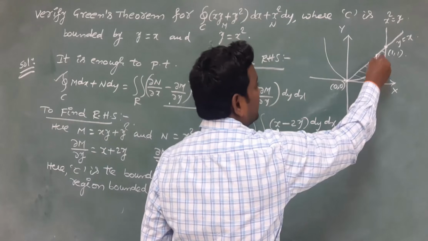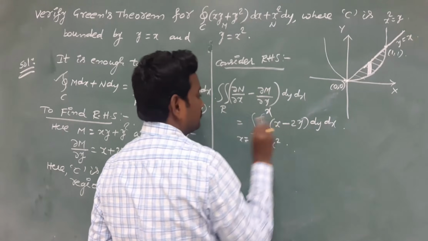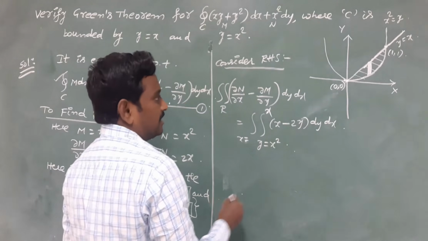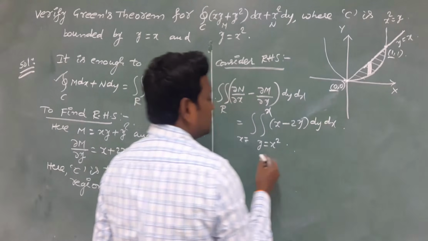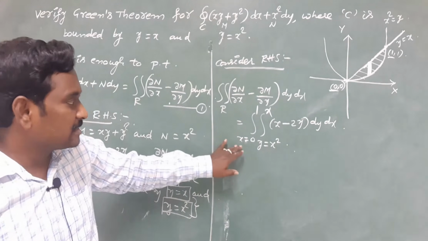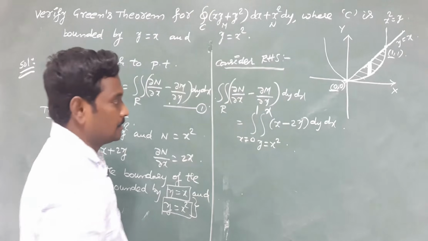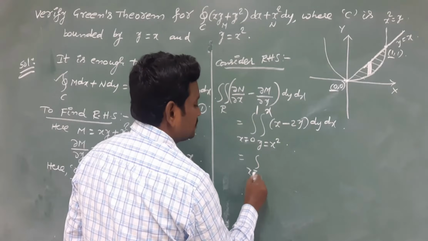The upper limit is the straight line y = x. X varies from 0 to 1. The outer integral limits should be constants, so x goes from 0 to 1.